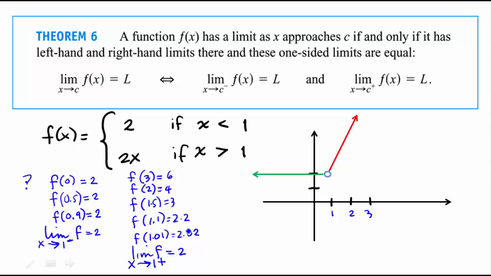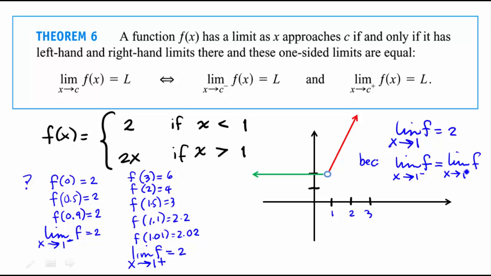2. So here we have an illustration of a function where the limit of f as x approaches 1 is 2 because we see that its one-sided limits exist, because the limit of f as x approaches 1 coming from the left is equal to the limit of f as x approaches 1 coming from the right, and they are both equal to 2.